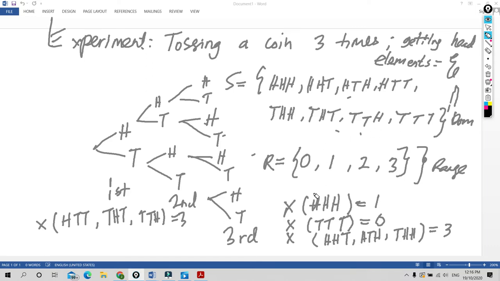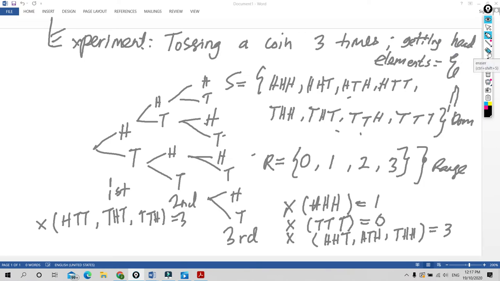All heads means 3 heads. Sorry, this was wrong, I just cancel this one.